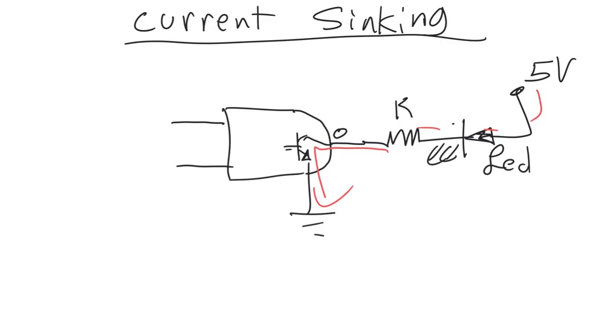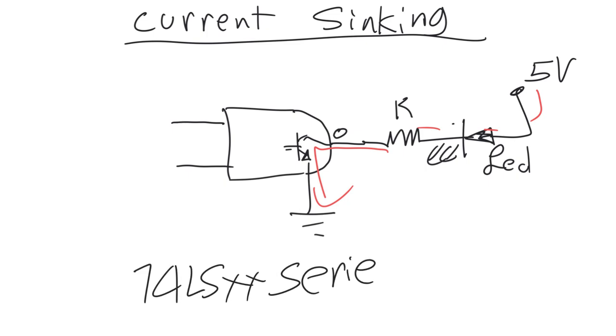Current sourcing is the current goes the other way, out of the gate, and that's like water being poured out of the bucket, if you will, as a memory aid. Now, in the 74LS series, each logic gate series, and there's quite a few of them, has its own unique specifications.